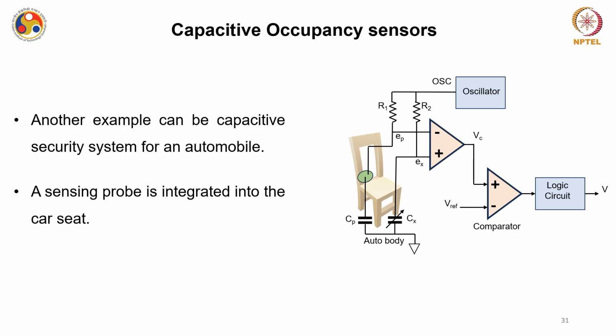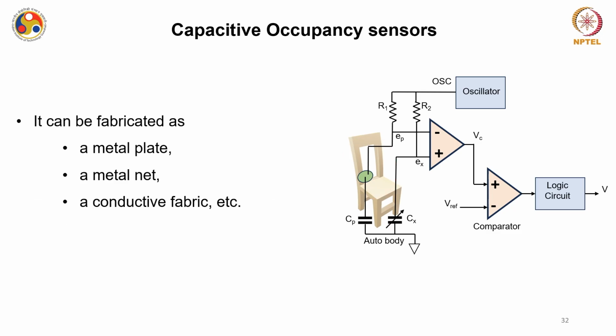A sensing probe is integrated into the car seat. This integration can be done in various ways: by a metallic plate placed beneath the chair, by a metal net placed on it, or the cover can itself be a conductive fabric.